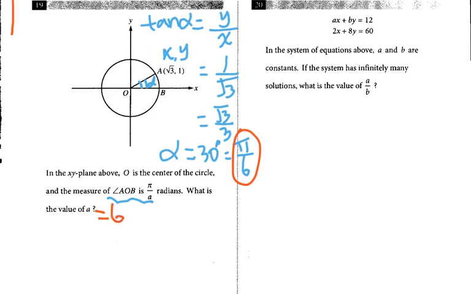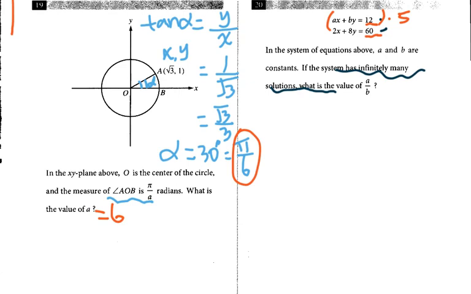For number 20, if the system has infinitely many solutions, it means the two equations will be exactly the same. So I will create exactly the same thing. How do you do that? Look at the 12 and then the 16. For the first one, I can multiply by 5 so that I can get the 16.